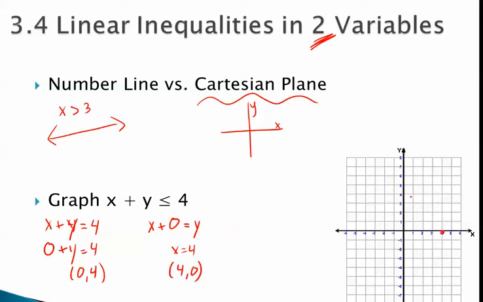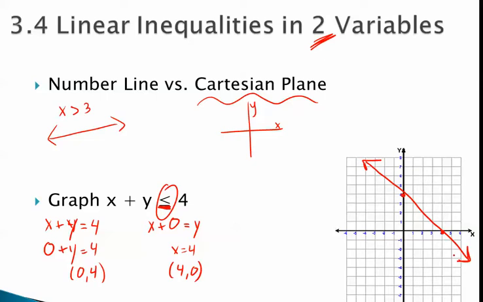So I go and I plot these on my graph, and then you go and you note what the inequality is. Since this is less than or equal to, the equals to part indicates a solid line. So if that line was not there, you would create a dashed line. So we'll just connect those right here.